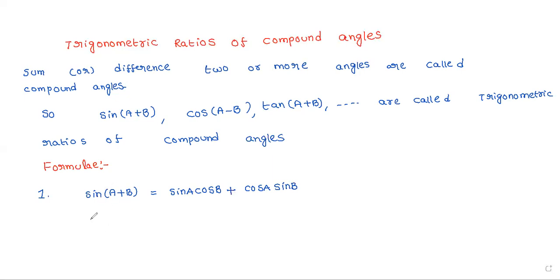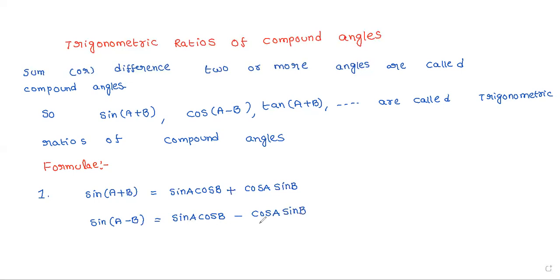And second one, sine of a minus b is equal to sin a cos b minus cos a sin b.